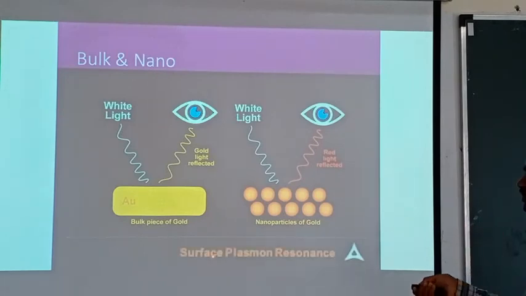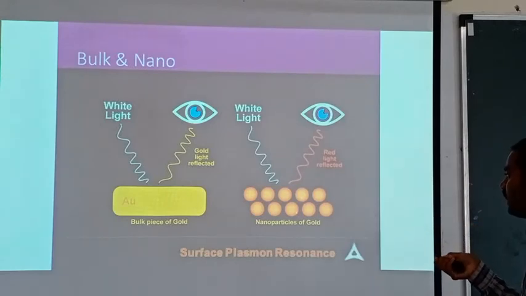There is a phenomenon called surface plasmon resonance. Here there are positive ions in the core and negatively charged electrons revolving around them in the atomic or electronic system. These are responsible for this surface plasmon resonance. So when white light is incident on the nanoparticles, you will find the reflected light is red.